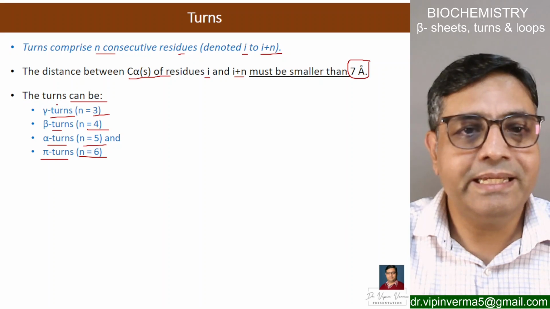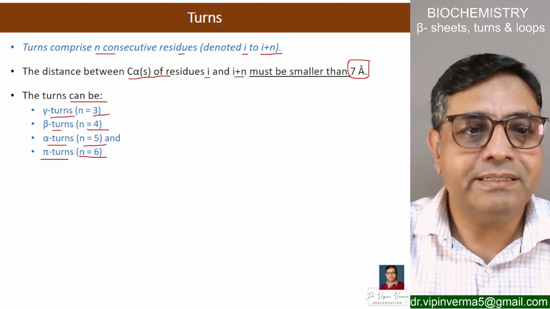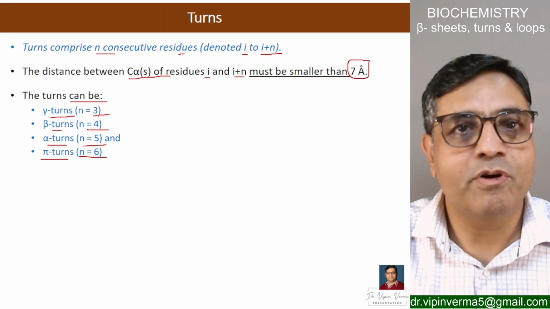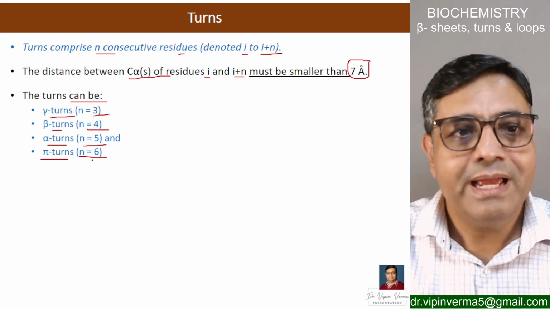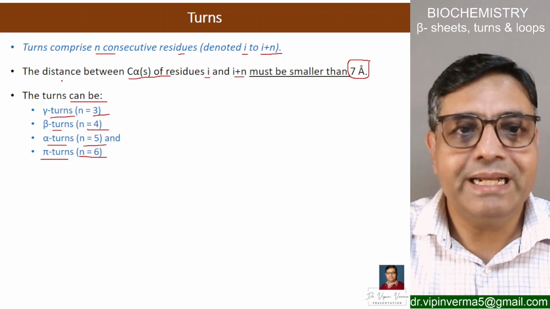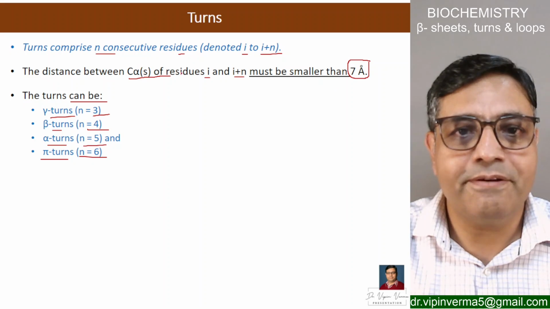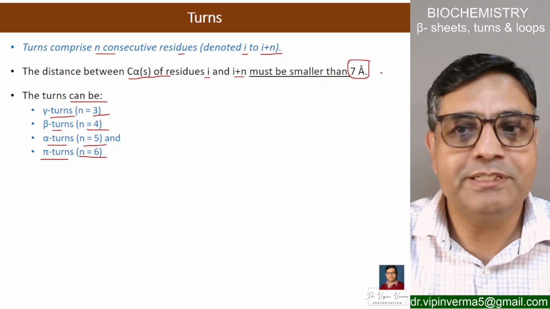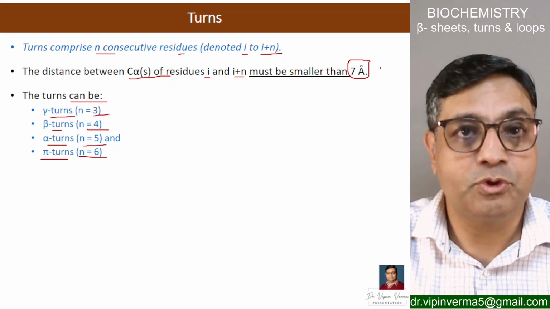So we can see here that the turns can be gamma, beta, alpha and pi depending on what is the n, the number of residues here. Alright, and you have to remember that the distance between the C alphas of residue i and i plus n must be smaller than 7 angstrom.